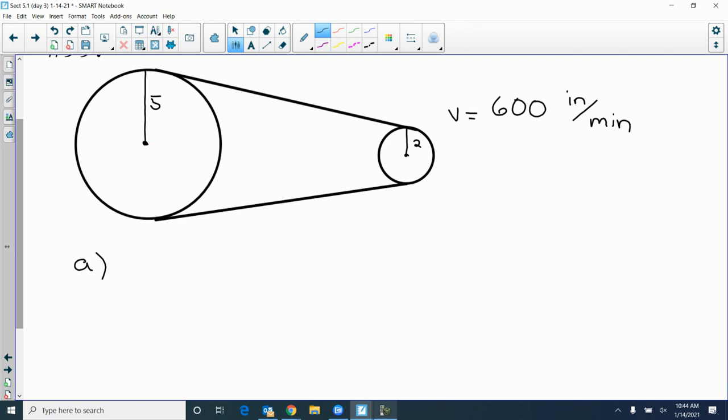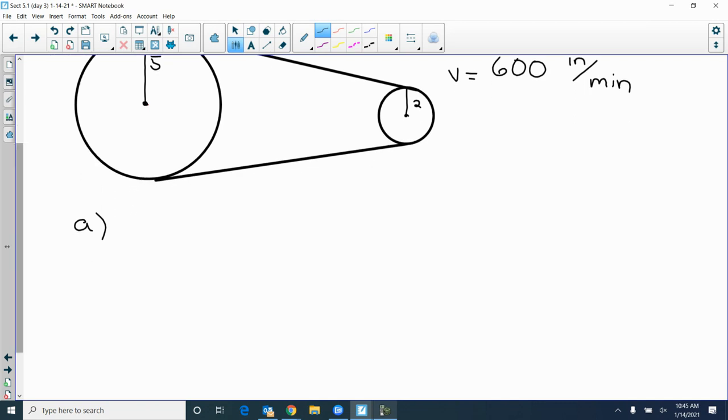But you have a wheel here, and so every time it makes a rotation, it travels the circumference. So if you want to know the number of revolutions it makes, you're going to take 600, so the revolutions will equal 600 divided by 2 pi r.